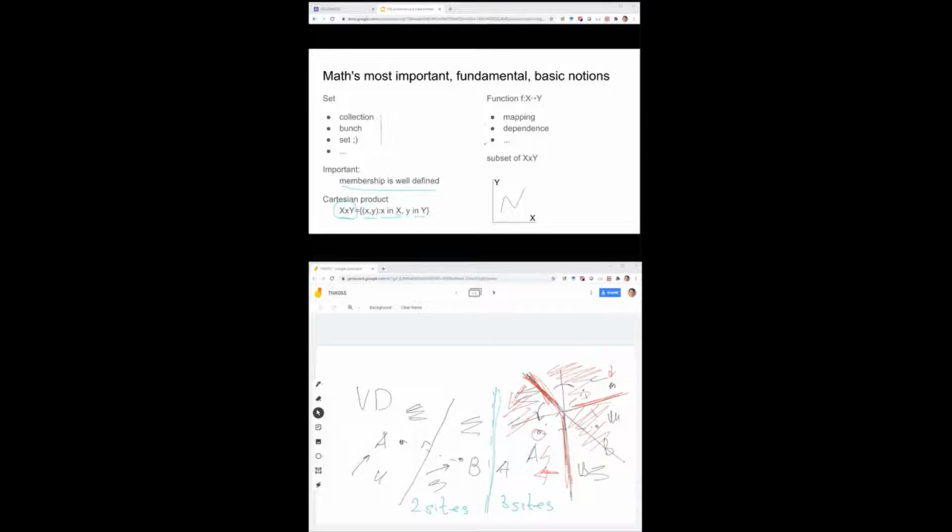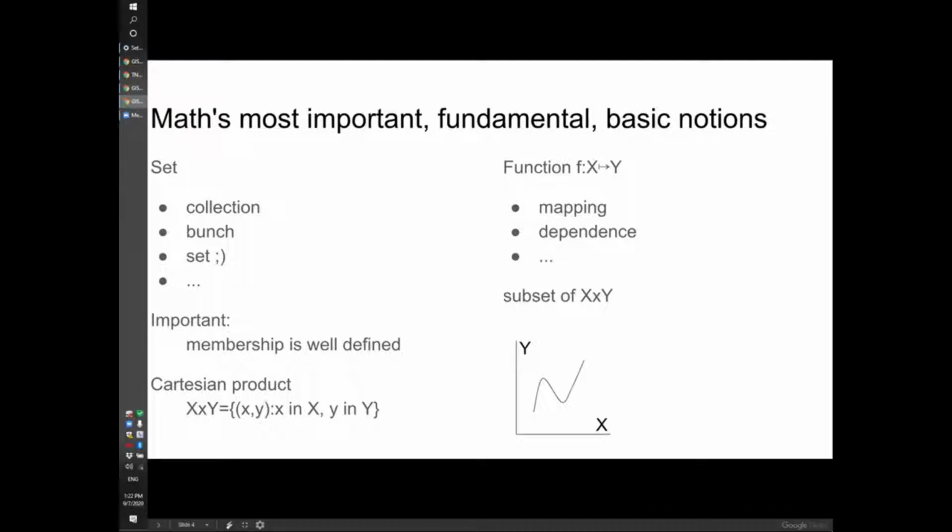In particular, the notion of the function, which is another very important fundamental notion in math, is a mapping from X to Y. It can be understood as a subset of the Cartesian product, X times Y. Here we have the Cartesian product, and here is this curve, which shows you the graph of the function. You can think of the graph of the function as a subset of the Cartesian product of X and Y.